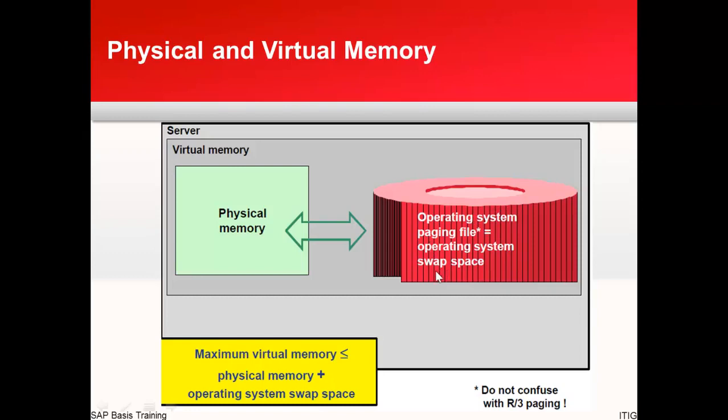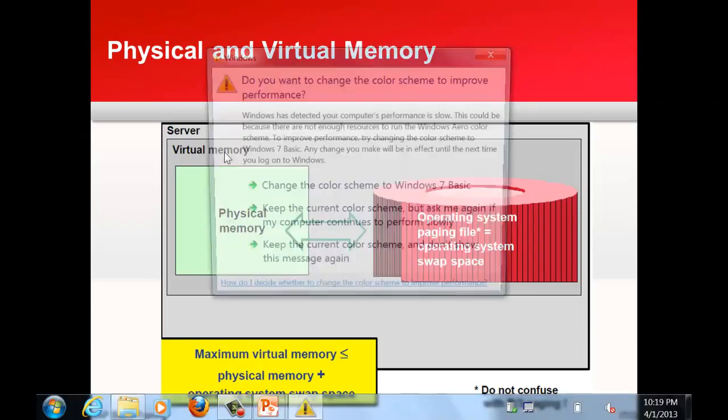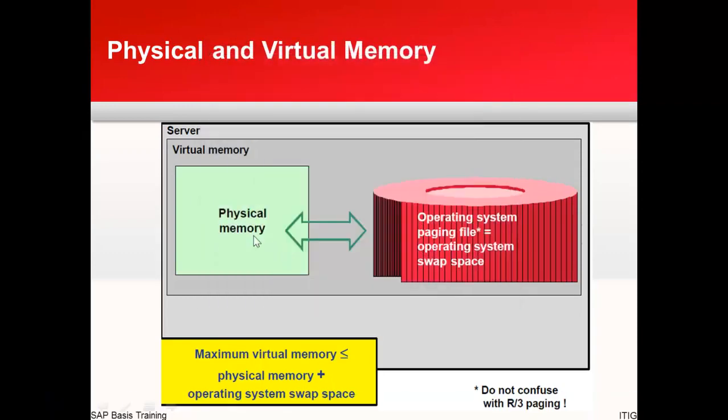This virtual memory is a combination of physical memory and paging space. Maximum virtual memory is less than or equal to the physical memory plus operating system swap space. Okay, so this is about the OS level.